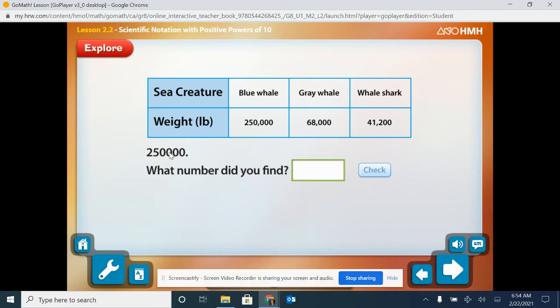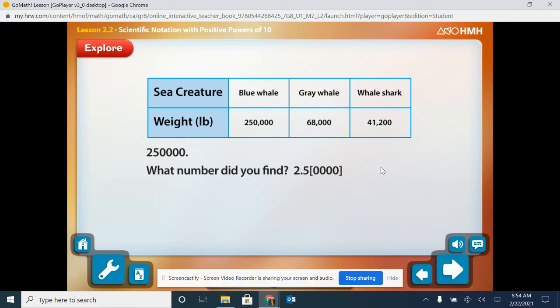So what we do is we write the coefficient, the non-zero number, as a number between 1 and less than 10. So for the 25, in order to make it between 1 and less than 10, we put a decimal right after the 2. Okay. So the coefficient will be 2.5 because that number has to be less than 10. Okay. So I check. Great job!